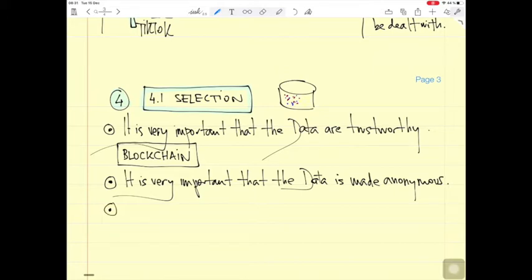I don't know the name in English, Datenschutzgesetz, DSG, the law that protects customers, must be taken into consideration.